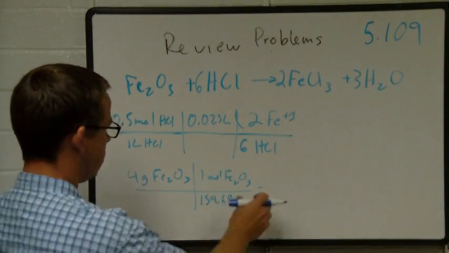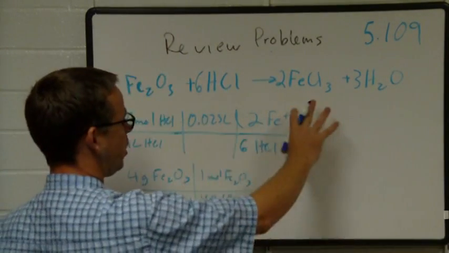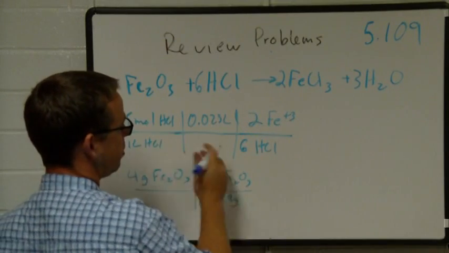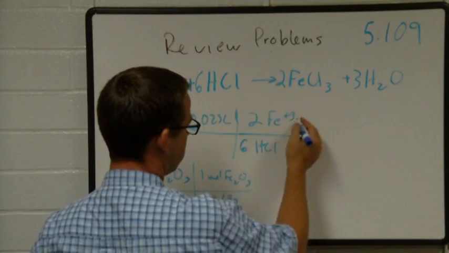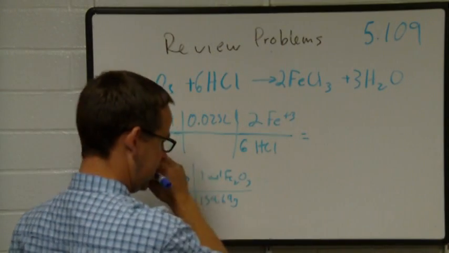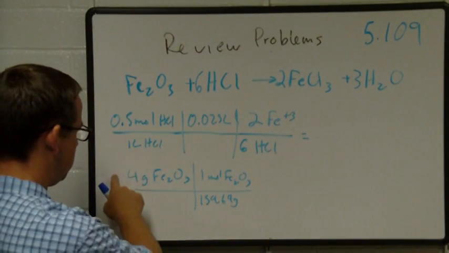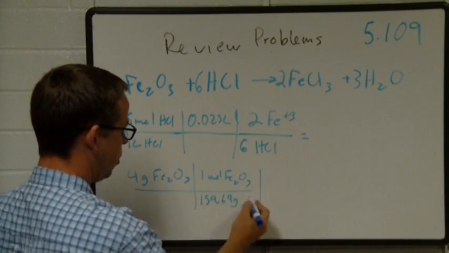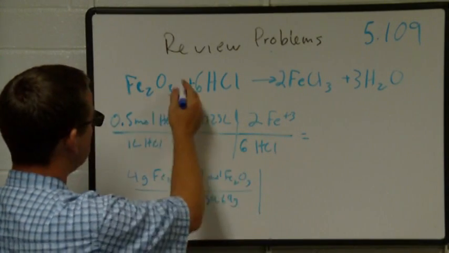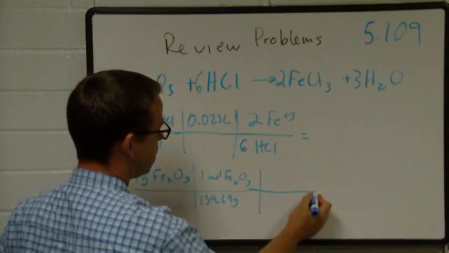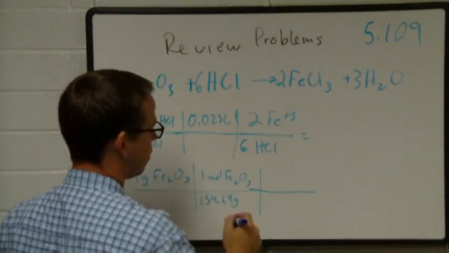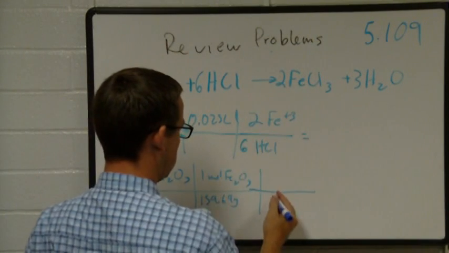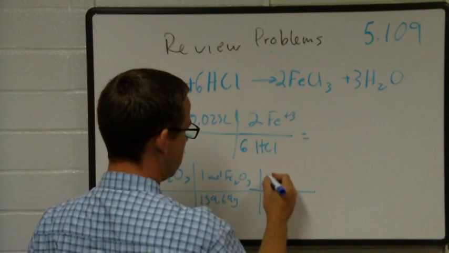And so this one here assumes the HCl is the limiting reagent, and it tells us how many moles of Fe+3 ions we're going to get. This one here assumes that the iron oxide is the limiting reagent, and for every 1 mole of iron oxide we have, we're going to get 2 moles of iron 3 chloride, and that's 2 moles of iron.